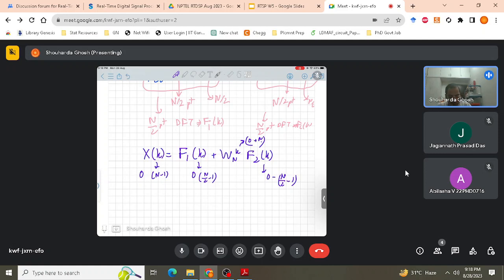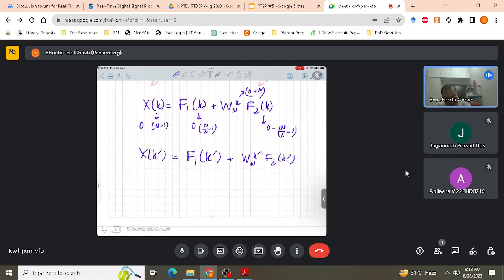Okay. So what we do is that, let's replace k by k prime. f1 of k prime plus W_N to the power k prime f2 of k prime. Now let us assume k prime is k plus N upon 2. So here k will lie between 0 and N by 2 minus 1, and k prime is actually greater than or equal to N by 2.